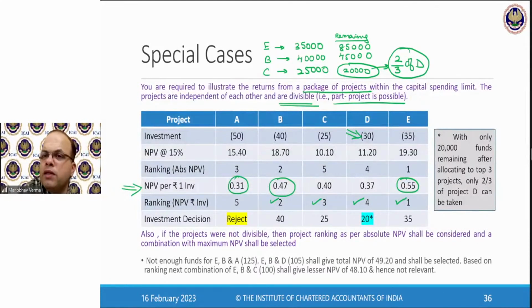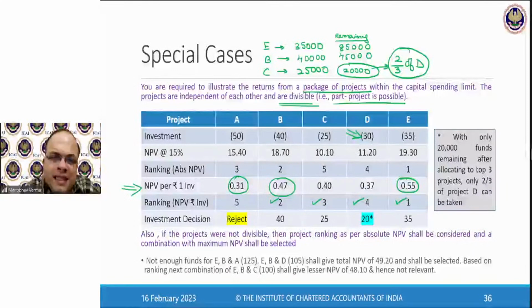Because projects are divisible, we can say 2/3 of D. So my answer would be investing in projects B, C, 2/3 of D and E. Right? Everyone is with me now.